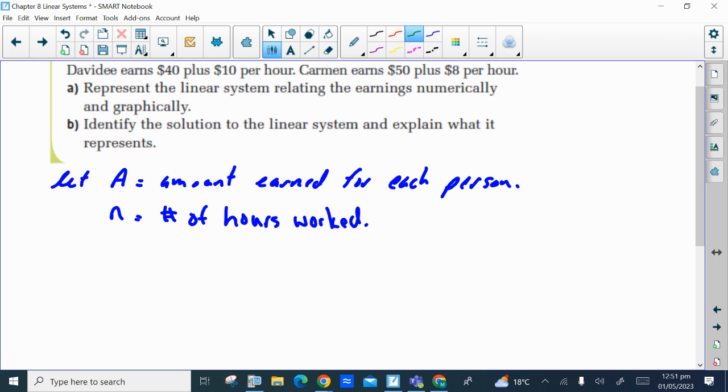Our next step then is to write our equation. So for David, the amount starts with $40 plus, then it's $10 for every hour, and N is the number of hours. For Carmen, Carmen's amount starts with 50 and gets $8 per hour, where again N is the number of hours.